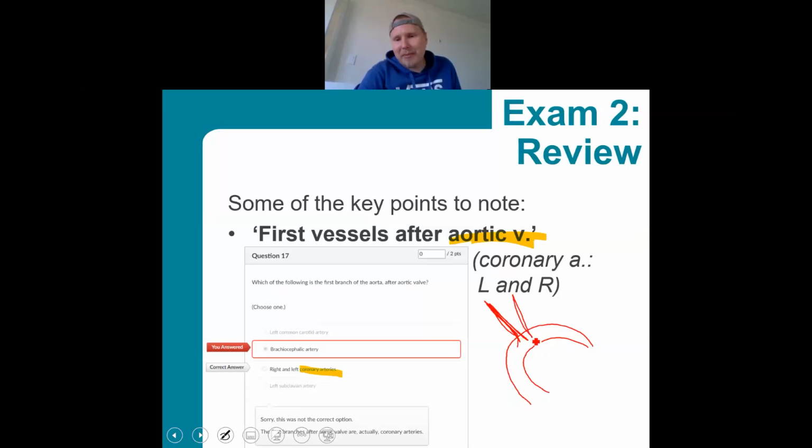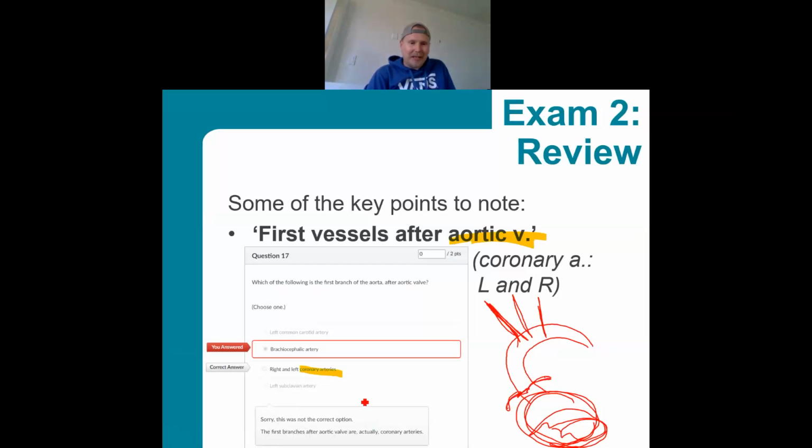But that's not really what we were looking for there. This is not to scale. That's our heart there. So right after the aortic valve, we had our coronary arteries coming out. So that's what I was looking for there. And it was mentioned in the lecture. It was mentioned in the review session as well. So it's about paying attention also to those smaller facts.